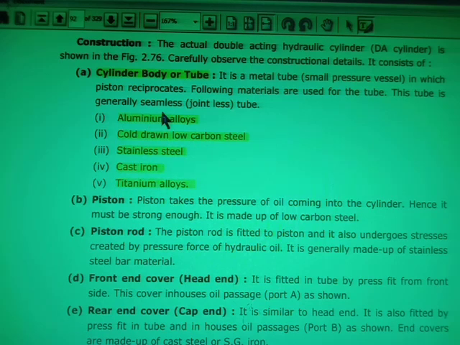So the cylinder tube can be made from aluminum alloy, cold drawn low carbon steel, stainless steel, cast iron, or titanium alloy.